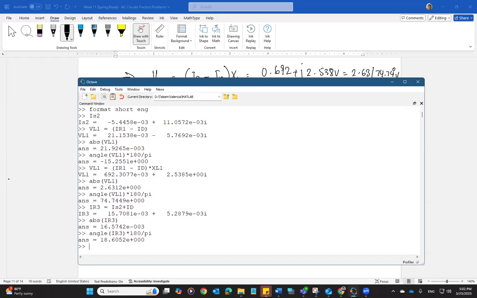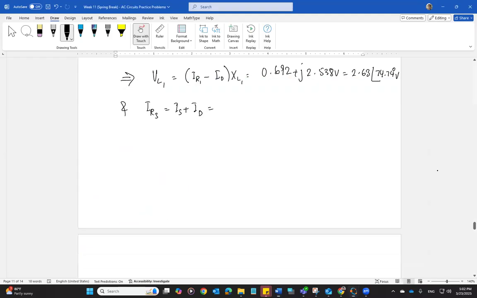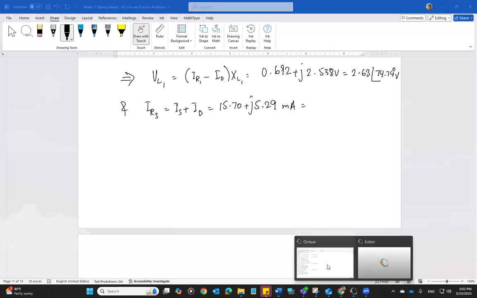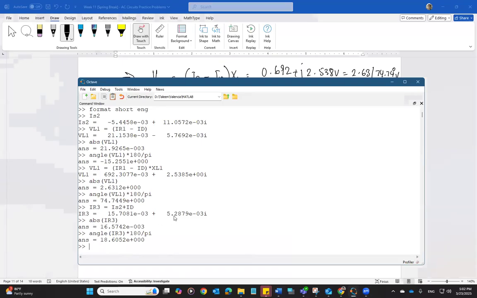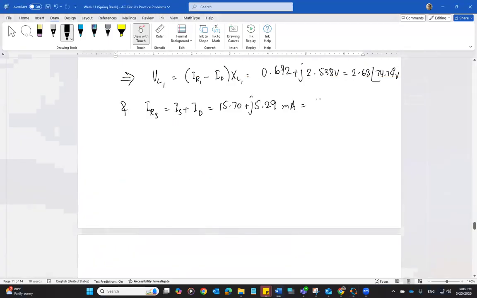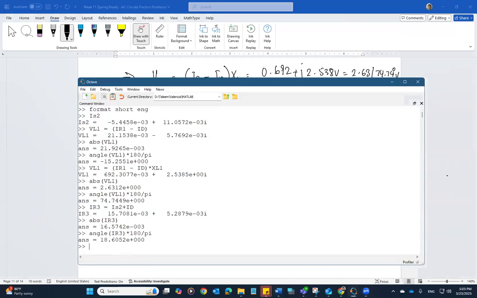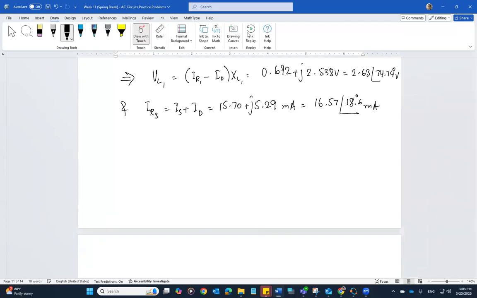Okay, 15.70 plus j 5.29 milliampere, which in polar form is 16.57 angle 18.6 degrees milliamp.